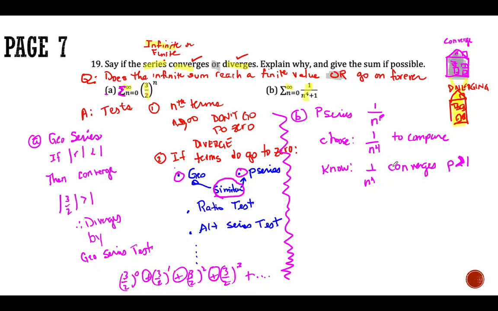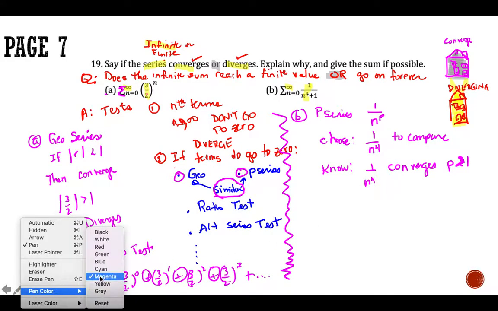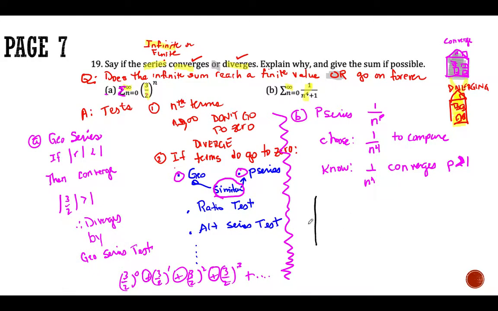Now remember, I don't actually have a p-series, I only have something that is really, really similar to a p-series. But draw a little graph here. One over n to the 4th falls towards 0. And by the p-series test, I know it falls quickly enough so that the sum stays in the house.